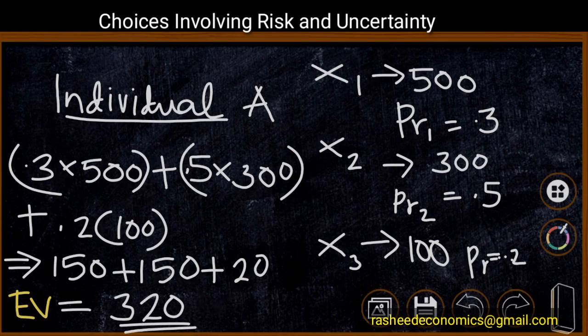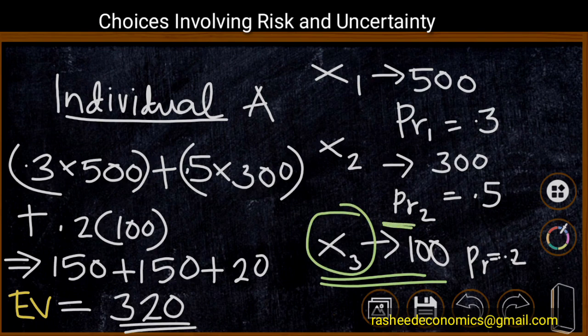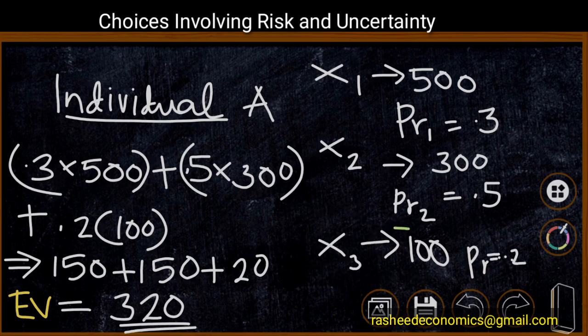Suppose we change the X3 outcome, the payoff associated with X3, that is the investor is going to suffer a loss of 100 if X3 is the outcome, then the value will be minus 100, and if all the probabilities remain the same, the expected value will be 0.3 into 500 plus 0.5 into 300 plus 0.2 into minus 100, that is equal to 150 plus 150 minus 20.